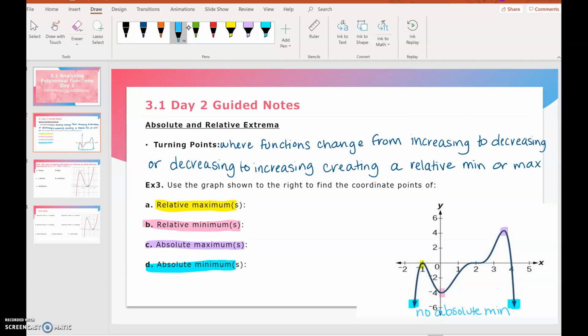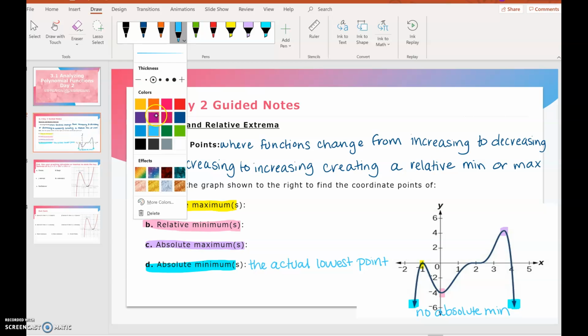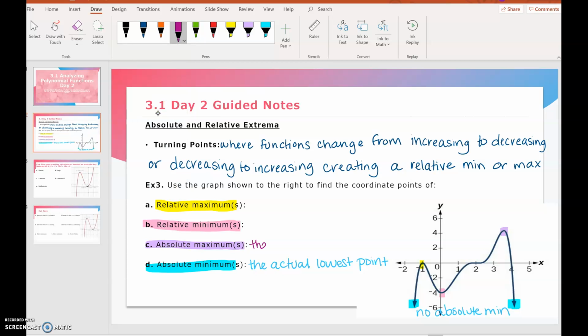If we were looking for an absolute minimum, though, we would be looking for the actual lowest point. And then the absolute maximum would be the highest point. So right now we've talked about what the absolute are. And now we're going to talk about what relative means.